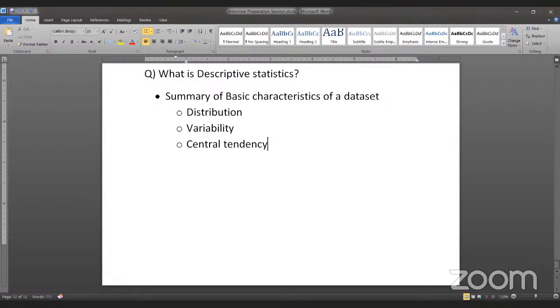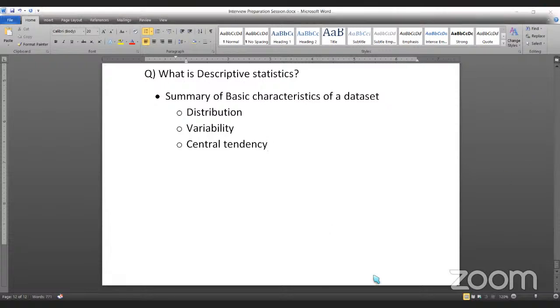So distribution is the frequency of responses, central tendency is the measure of the average of the responses, and variability shows the dispersion of the data points.